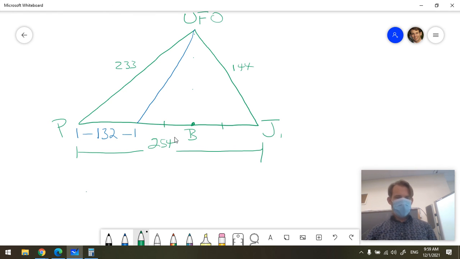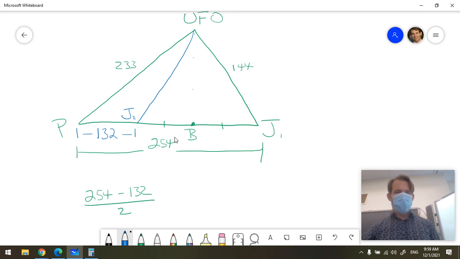If we had 254, subtract 132, and then I want to divide that in 2. Okay, why do I do that? This is 254 minus 132, and I have 2 even pieces on either side of the baby, where Jonah might be over here, or in the parallel universe, this is Jonah 2. That's the second Jonah over there. Okay, so that will give us the distance from Jonah to the baby. So let's calculate that.